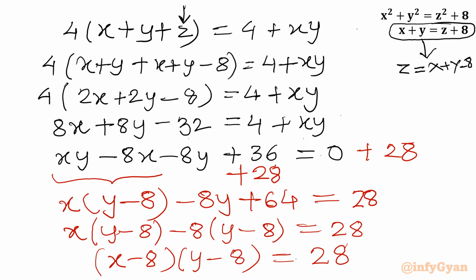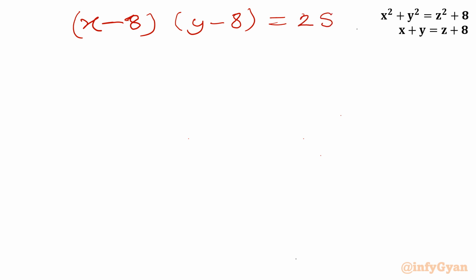Now we will use this equation: x minus 8 times y minus 8 equal to 28. Now we will use the factorization of 28. So the factors are 1 and 28.